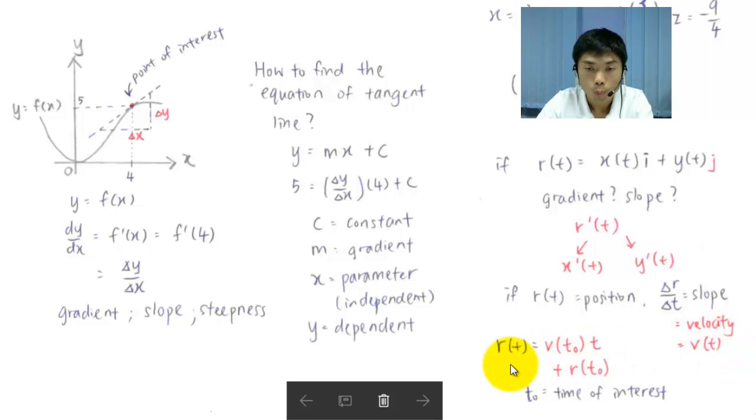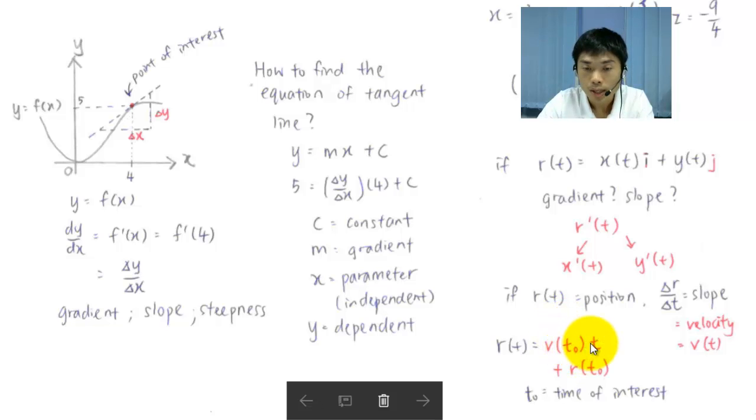So what is the formula of the tangent line at a particular point on the curve of r(t)? Now compare with the 2-space gradient line here, y equals mx plus c, and r(t) equals v(t0) t plus r. We know that y is the dependent parameter, and here r(t) is the dependent variable, and x is the independent variable or the parameter.